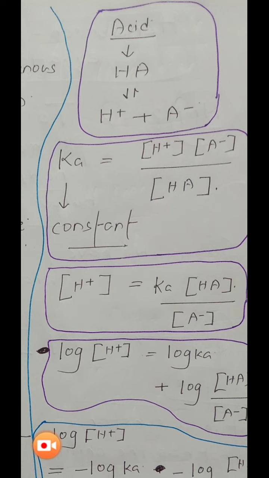That is a constant. So H plus ion concentration, from the mathematical rules, is Ka times HA concentration divided by A minus concentration.